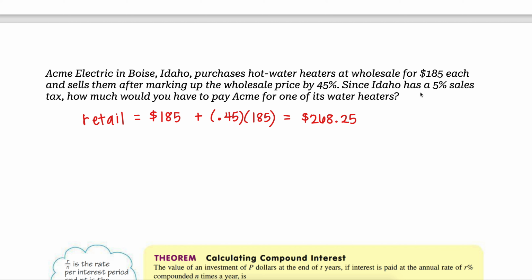Now let's go to the second sentence. Since Idaho has a 5% sales tax, how much would you have to pay for one of these water heaters? So after tax, you're going to pay that sales price, $268.25, plus 5% of that sales price.